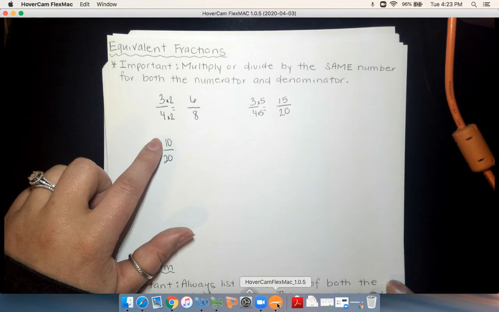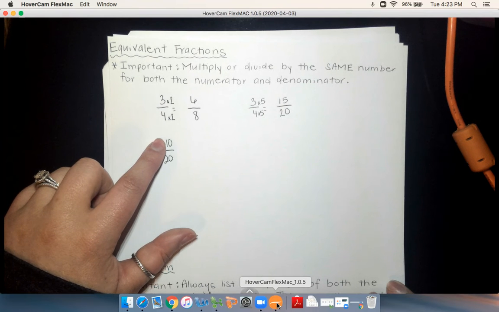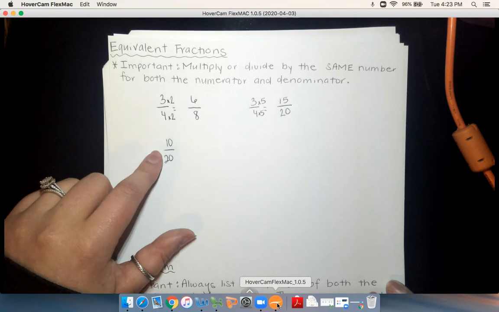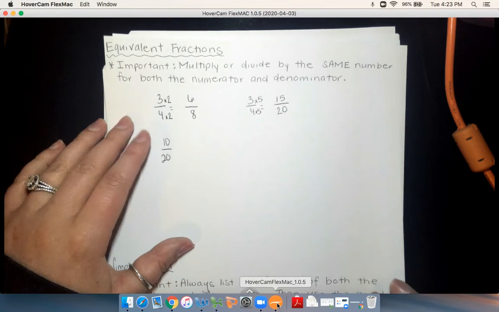So I have to think of a number that can divide into 10 evenly and into 20 evenly. A safe one here is 2, because both of these end in 0, so I know they're even. I'm going to divide by 2 to both the numerator and the denominator.